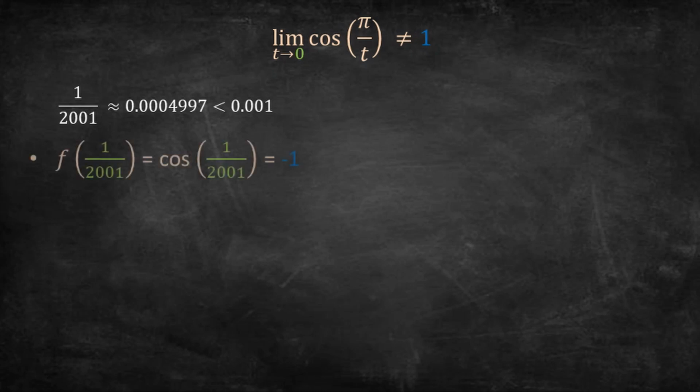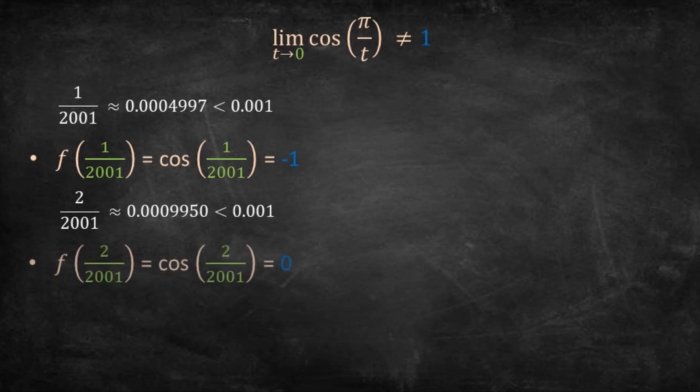The function value here turns out to be negative 1, and not 1 as we'd expect it to be. Yet another value for t smaller than the smallest positive table value is 2 over 2001, and here the function value is 0 and not 1.